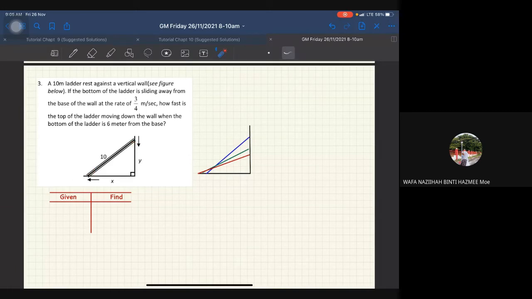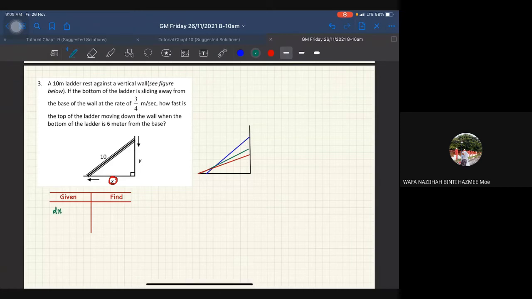Okay, so write this information dx over dt is equal to 3 over 4. Okay, settle.